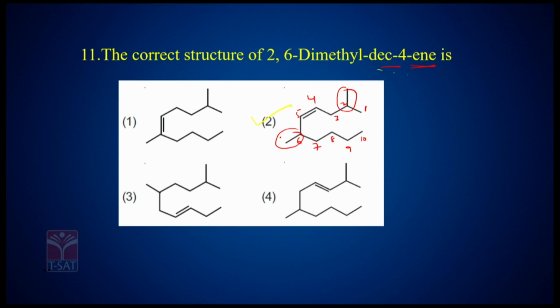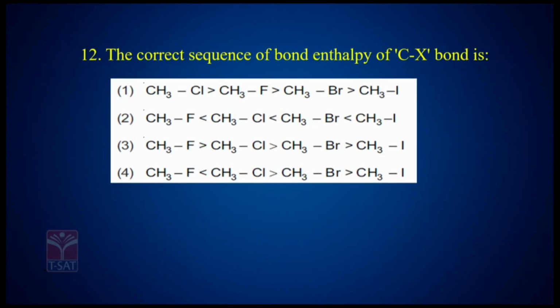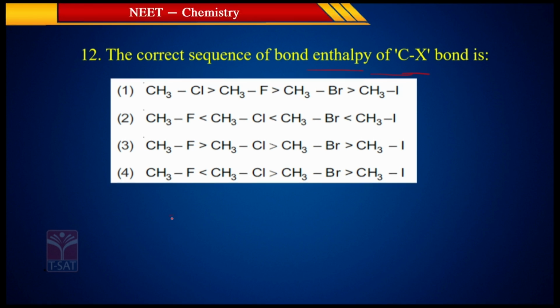2,6 dimethyl. Right. Next, coming to the last question, the correct sequence of bond enthalpy of C-X bond. So here we are comparing CH3F, CH3Cl, CH3Br and CH3I.